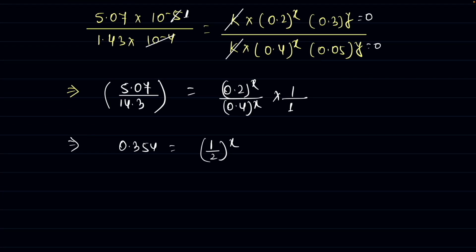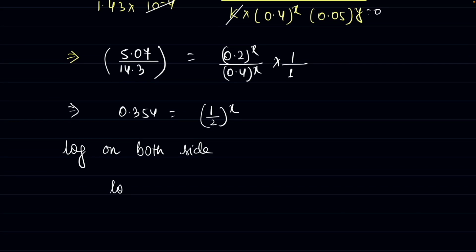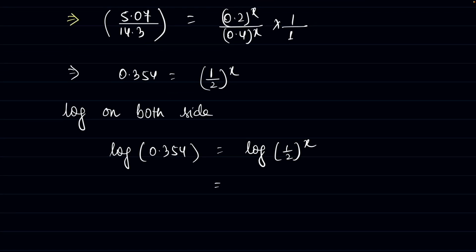If we have to find the X here, we need to apply the log on both sides. So this is log 0.354 is equal to log of 1 by 2 to the power X. So log 0.354 is equal to minus 0.45, and this is equal to X into minus 0.30. How it is formed, I am writing it.